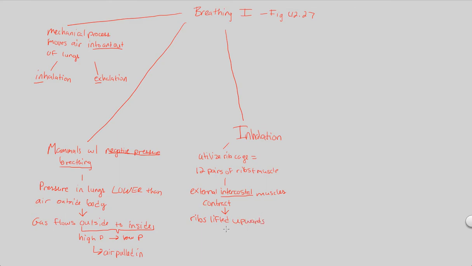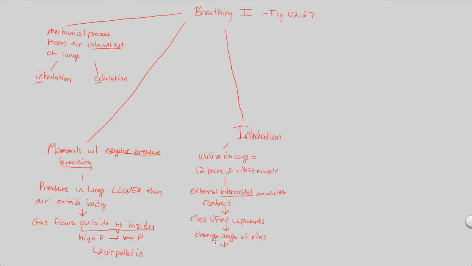Big deal. How does this change anything? Well, when the ribs are lifted upwards in an inhalatory process, this causes the following. It changes the angle of the ribs, the arrangement at which they are from their natural state, let's say, that's not contracted. That angle of the ribs changes. That basically means that the thoracic cavity, its size increases.